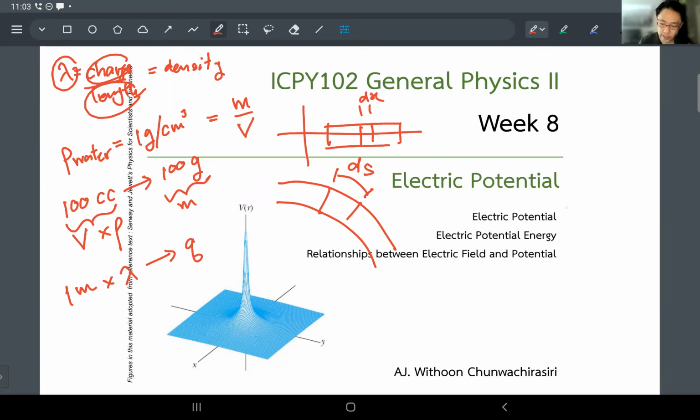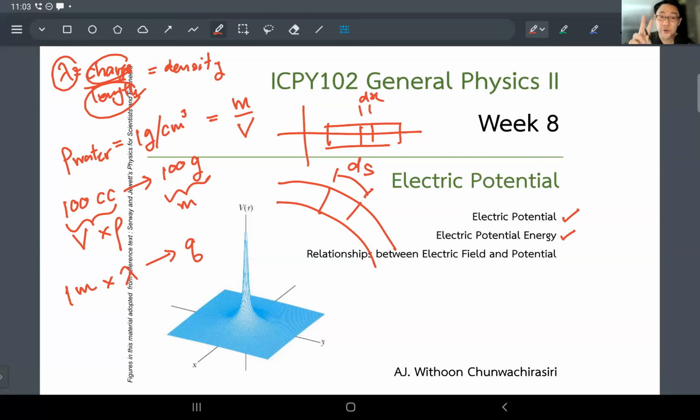So what we are going to introduce today is what electric potential is and what the difference is between that and another one, the annoying one, electric potential energy. It sounds funny because these two terms are actually different terms. The upper one defines one thing. When you add the word energy into it, you have another one.